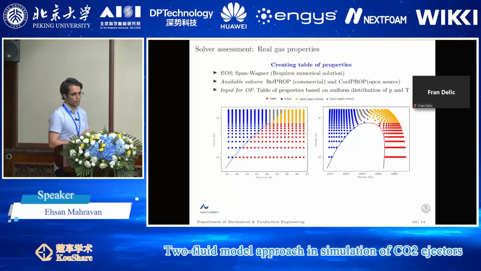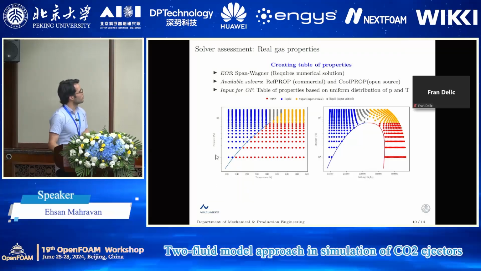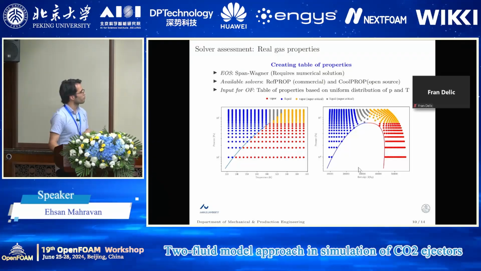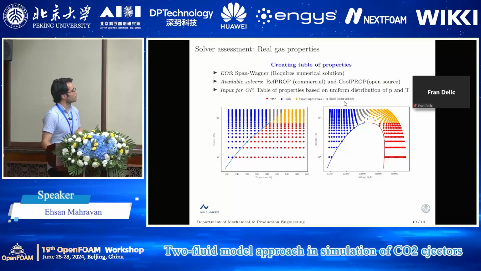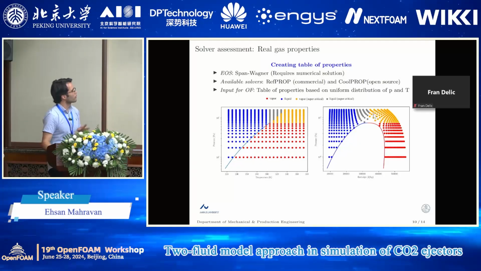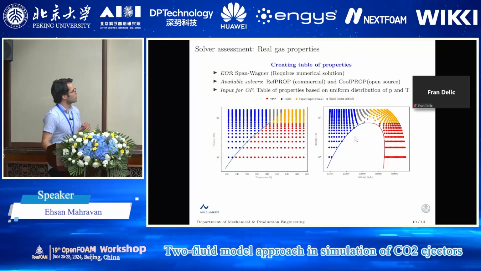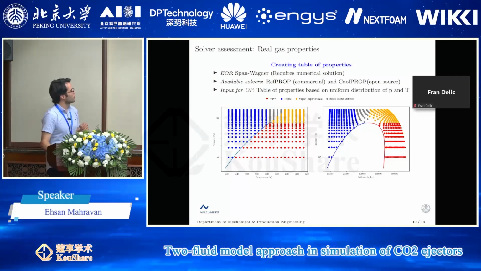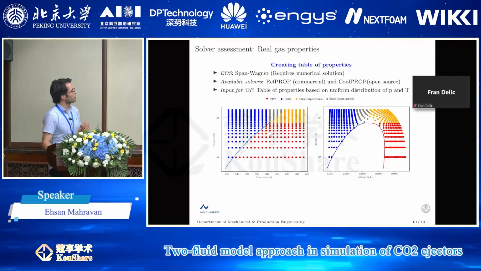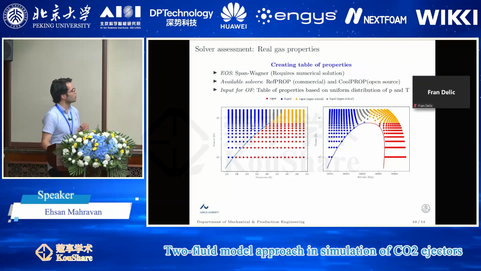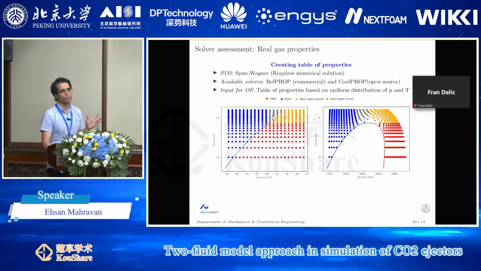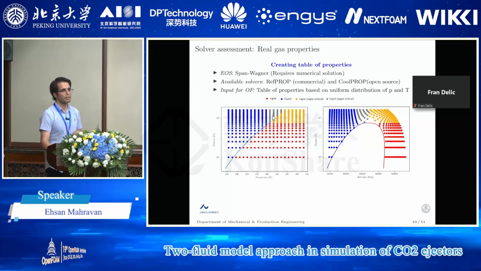So in the figures, you're seeing pressure versus temperature, and pressure versus enthalpy as an example of the effect of pressure, temperature, uniform distribution on different parameters. So red is vapor, blue is subcooled liquid. Here is supercritical. In supercritical, we don't have a distinct phase, and that's a huge problem.